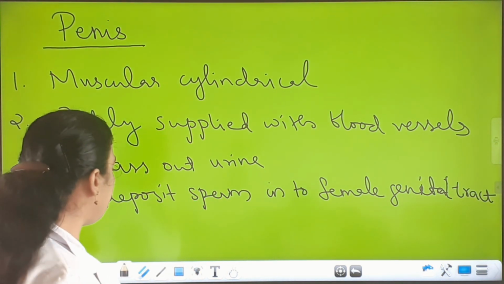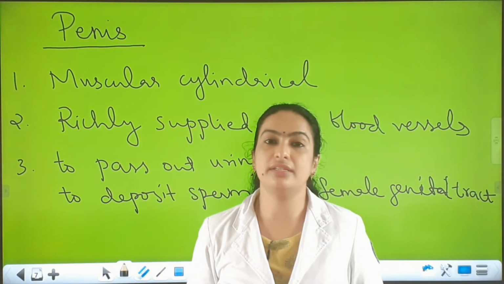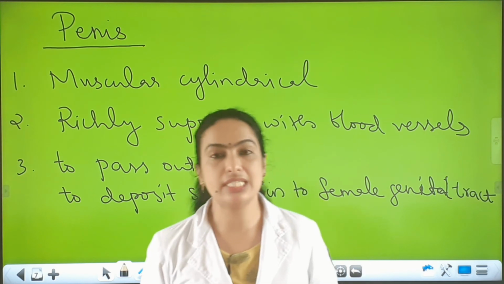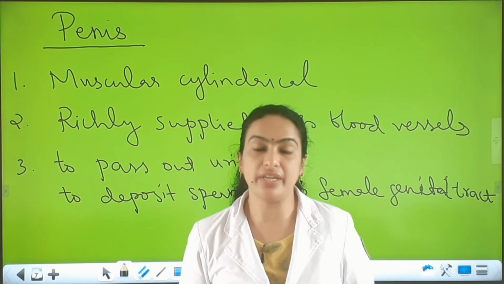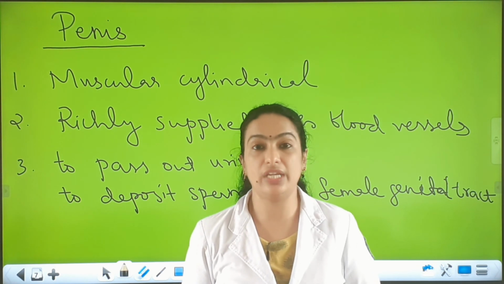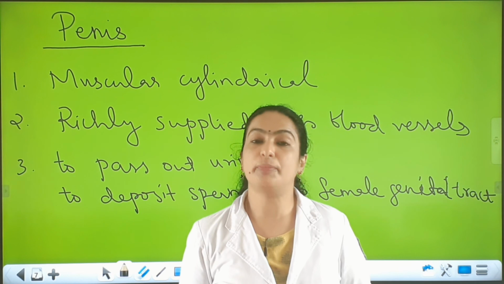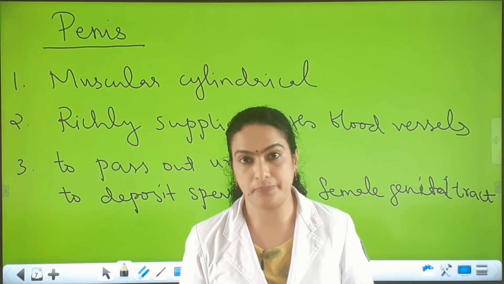So in human males, there is only one opening in the penis to pass urine as well as sperm. Only one opening is there in the male reproductive system to pass urine and sperm.